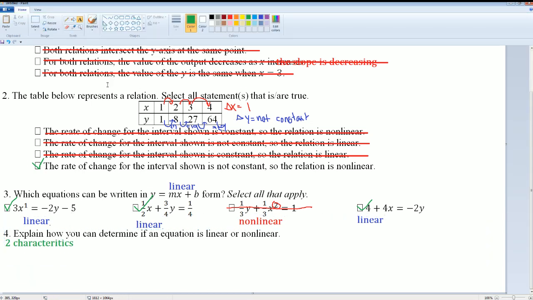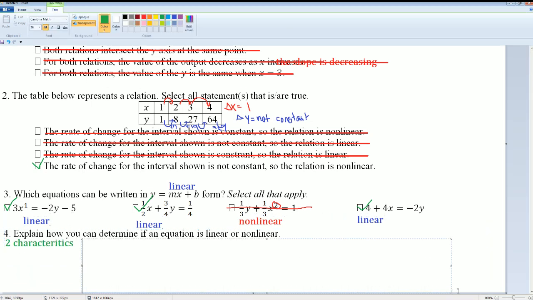The first one, for it to be linear, is that the exponent is only 1. Nothing more or less. The exponent has to be 1.